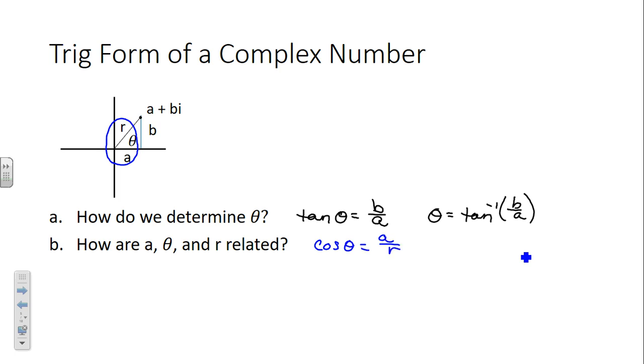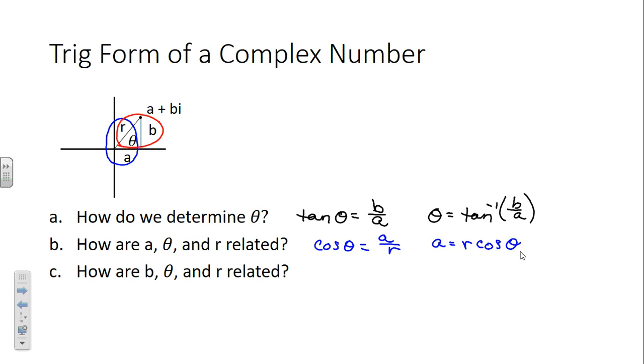So if I wanted to get the a all by itself, what would I do? r cosine theta. Okay. How are b, theta, and r related to each other? Sine. So sine of theta is b over r. So b is the same thing as r sine theta. Does that look familiar?